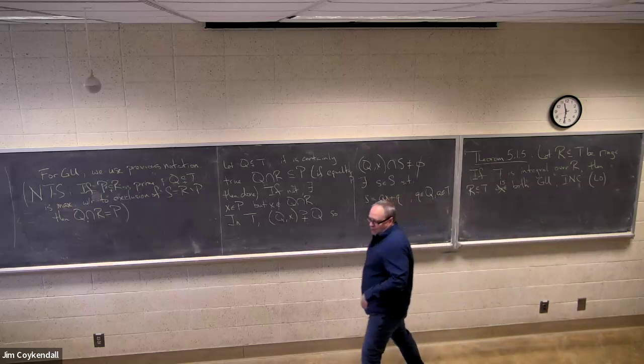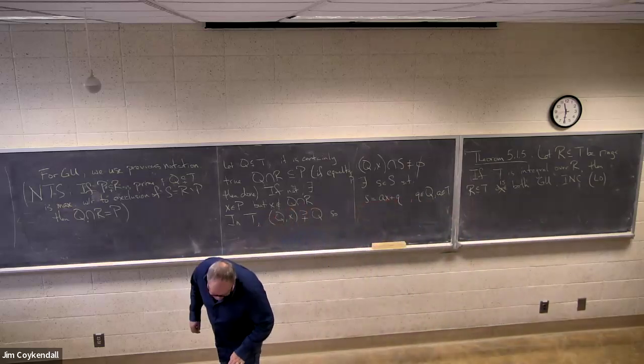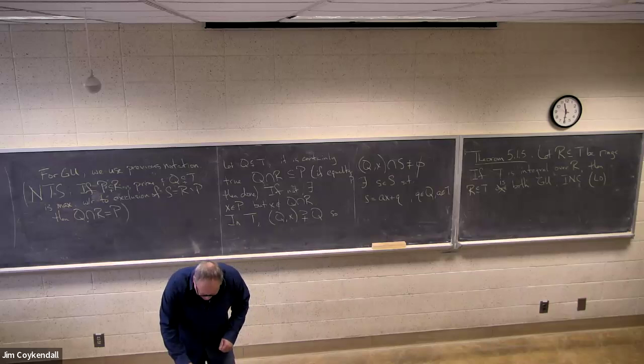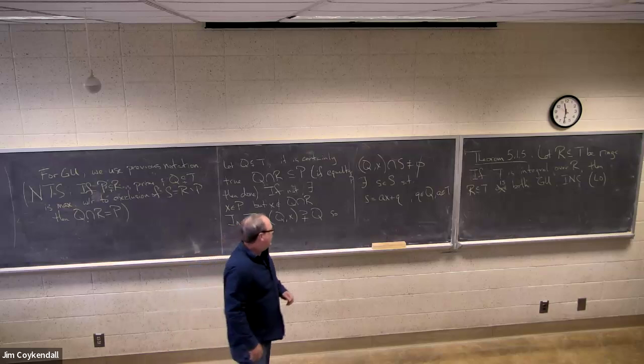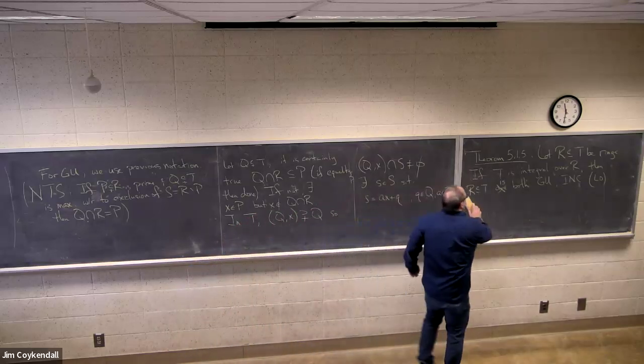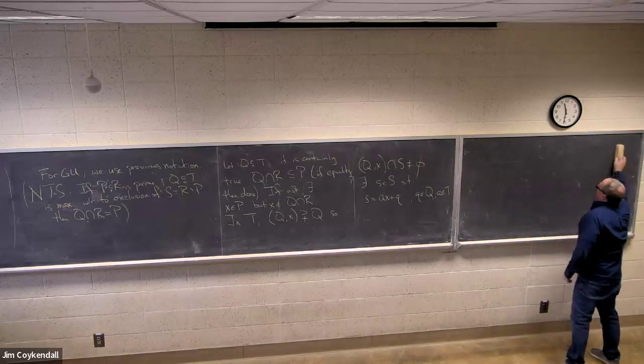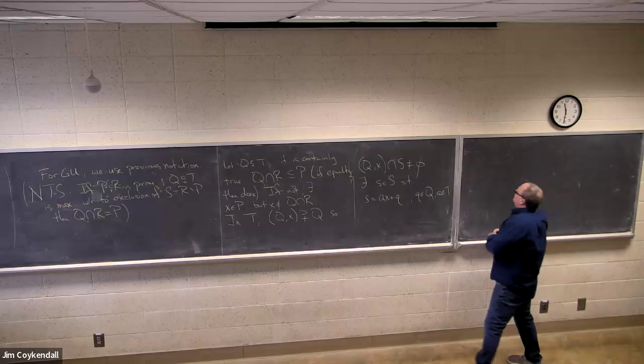Now, what I do know is that, what I want to do is I want to write the equation for integrality of a. Here's where I use the integral extension, right?